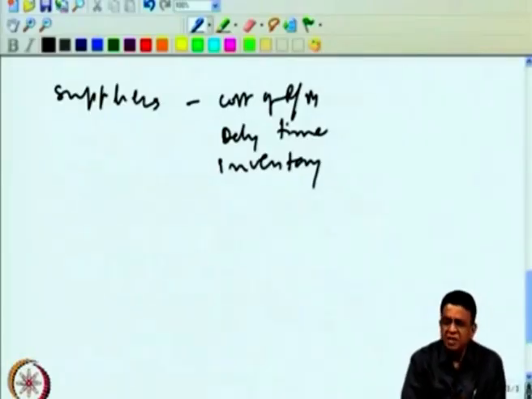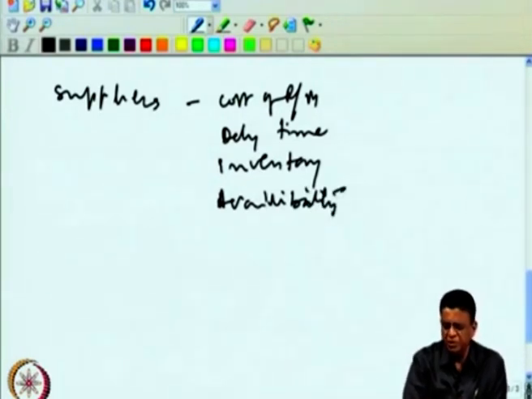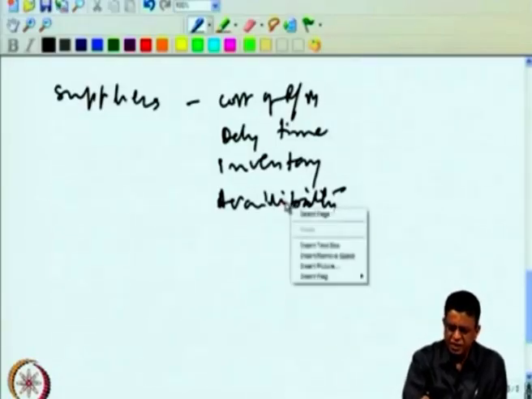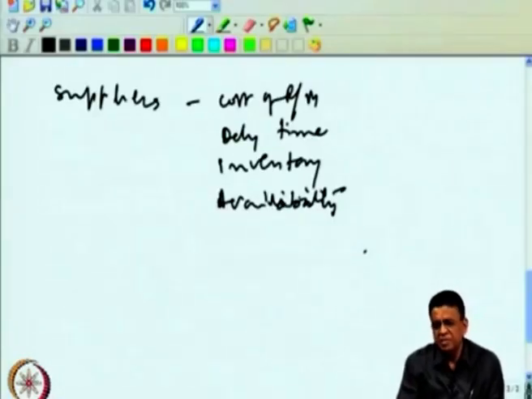Then what does that mean? It means that the supplier should be able to have the availability of this raw material at any time. He just cannot say that at this point of time when you wanted this product, this raw material is not available.